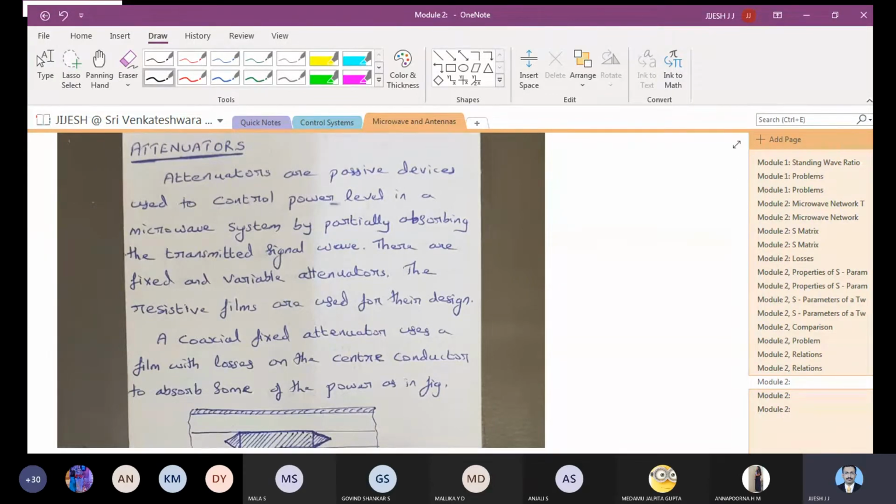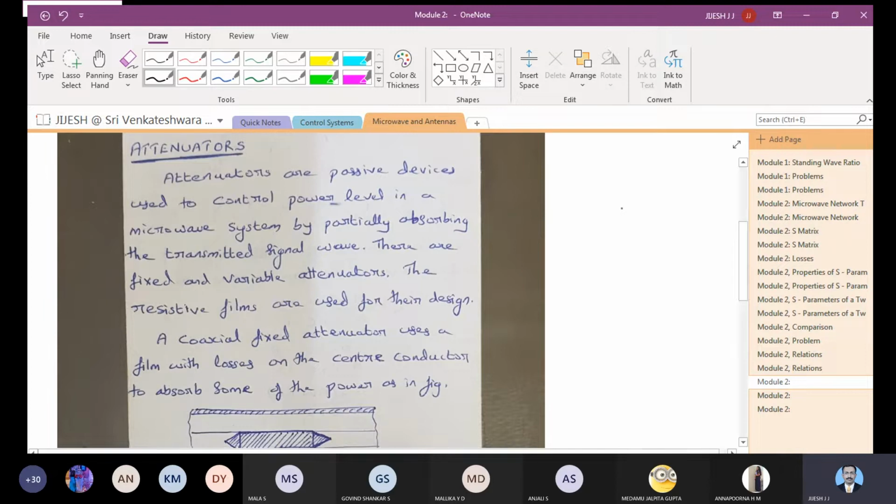We'll be studying some of the types of attenuators for your reference. Attenuators are passive devices used to control the power level, as I have discussed with you. The power can be varied. You may want to completely close the transmission of the signal.